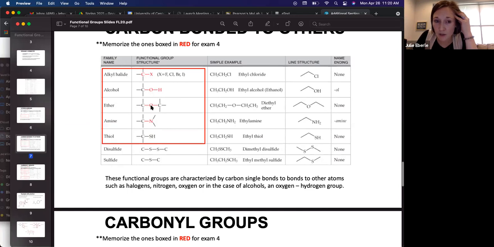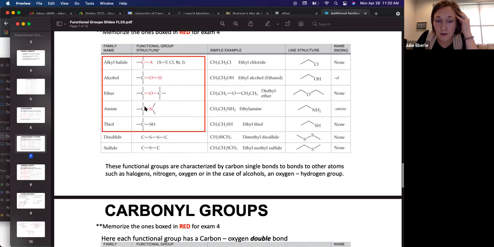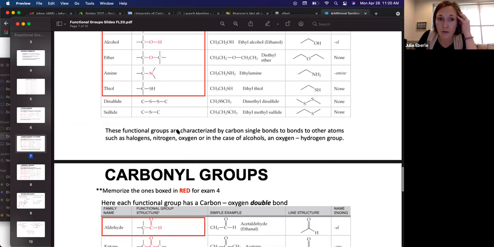So you see this oxygen single bonded to two carbons, that's an ether. An amine is a carbon-nitrogen. A thiol is a carbon bonded to a sulfur, SH group. Anytime you see these in portions of molecules like this over here, these line structures, you're going to name it alkyl halide, alcohol, ether, amine, thiol.